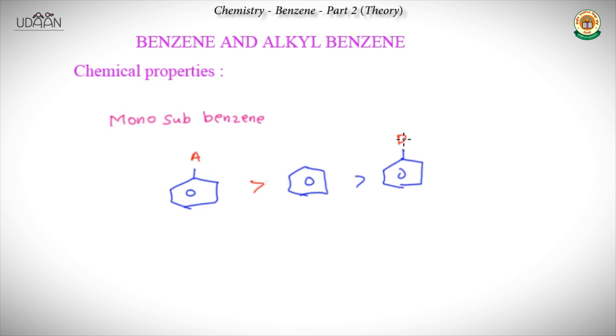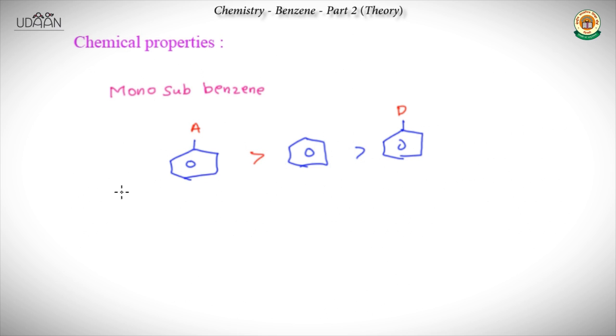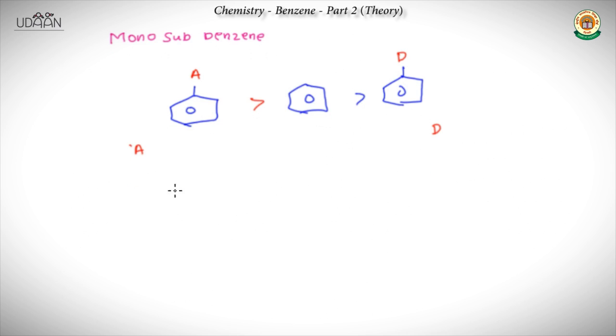Now one thing you will ask me: what are these activators and deactivators? Activators are those substituents which give electrons to the benzene ring and promote electrophilic aromatic substitution, or simply EAS.